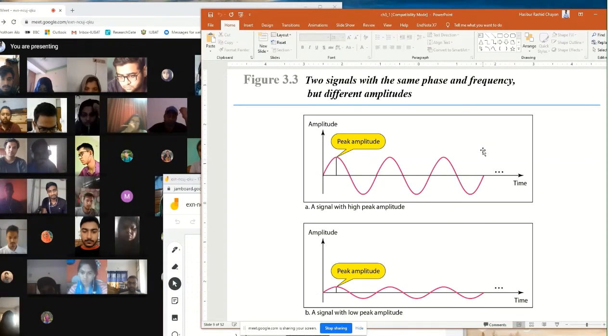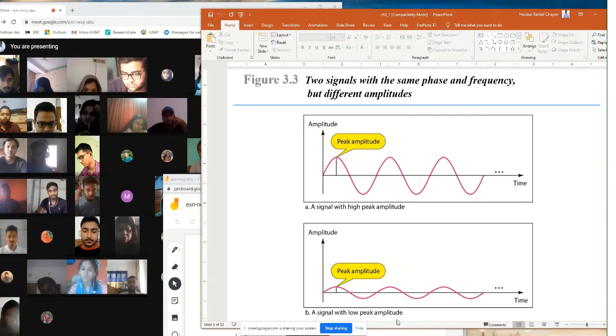Let's consider they are the same time, this and that is 1 second. What is the frequency of these two signals?